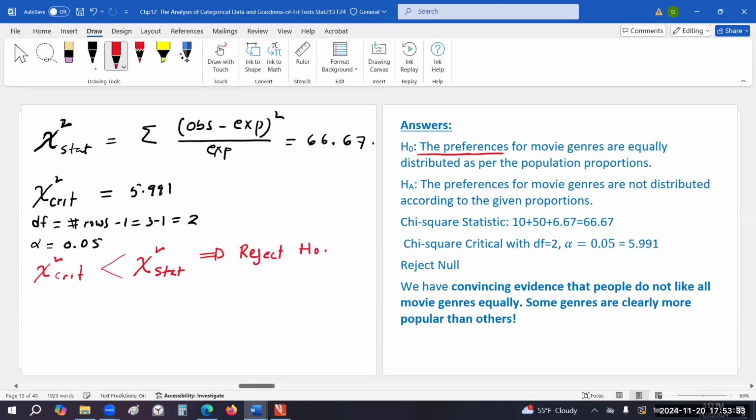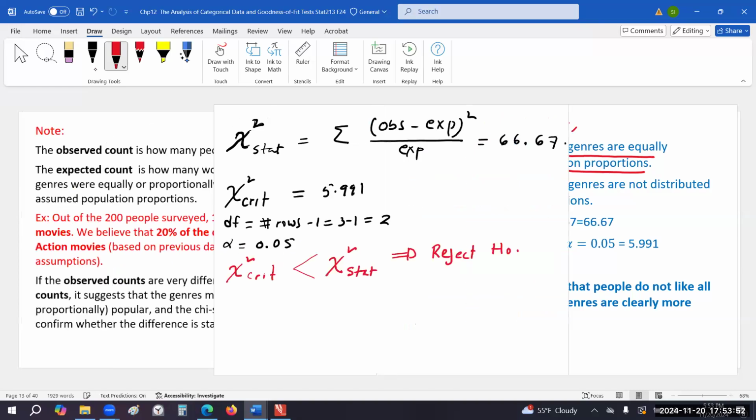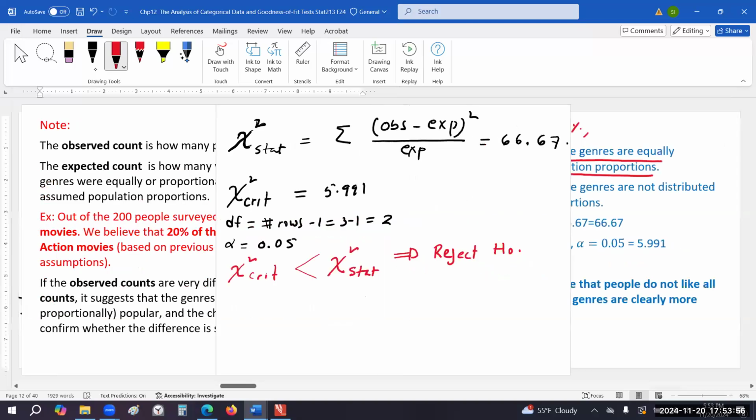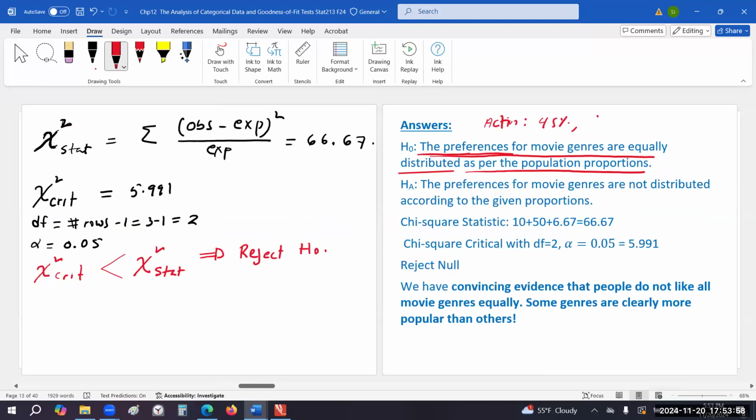So the null hypothesis says that the preferences for the movie genres are distributed as per the population proportion. It means, yes, for action we have 45%, right? Yeah, 45, 25, 30. And for comedy, we have 25%.